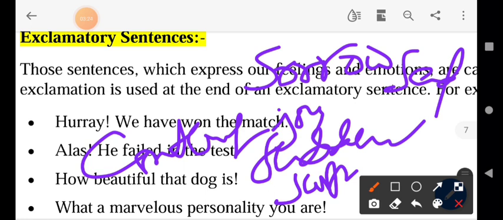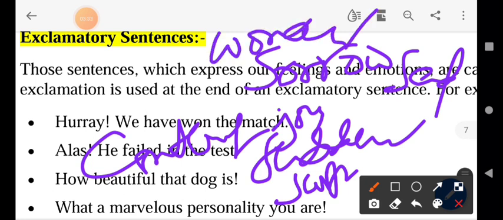The sentence that expresses a state of joy, sorrow, and also wonder are called exclamatory sentences. And the exclamatory sentence expresses very sad, anger, surprise also.